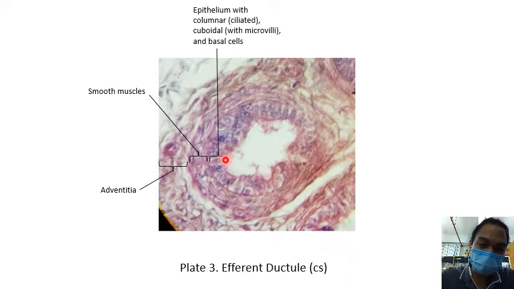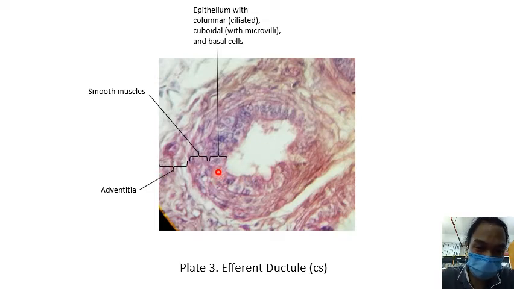We can see that the epithelium lining here is lobed, scalloped, that's the term, because the cells here vary. There are cells that are columnar with cilia, there are cuboidal cells, so they're shorter, and then there are even basal cells that are believed to replenish the epithelium.